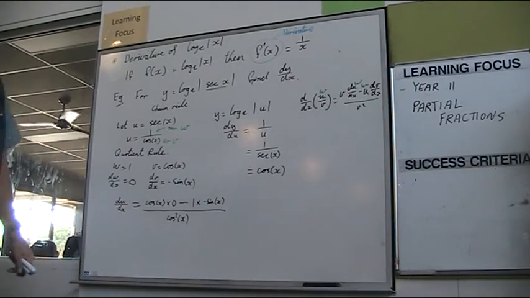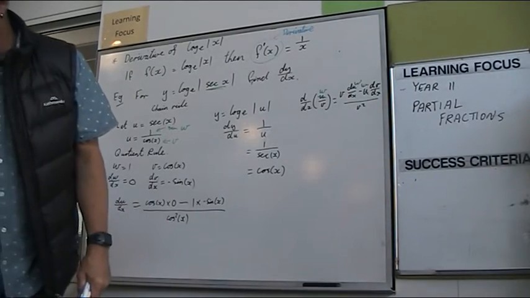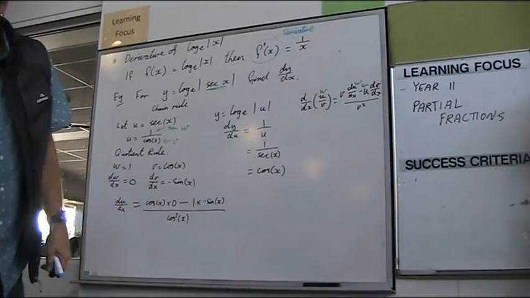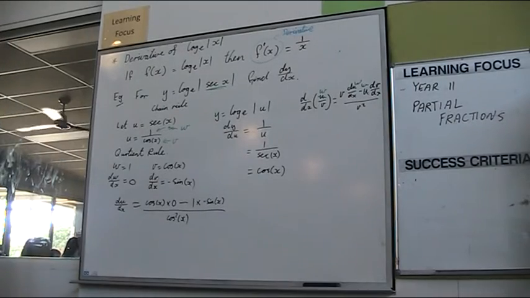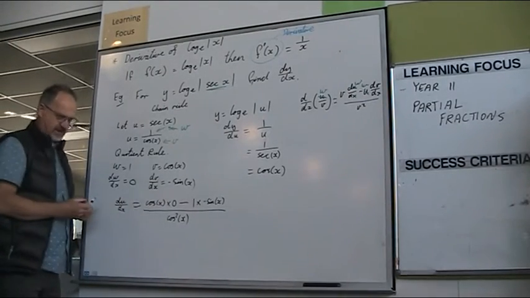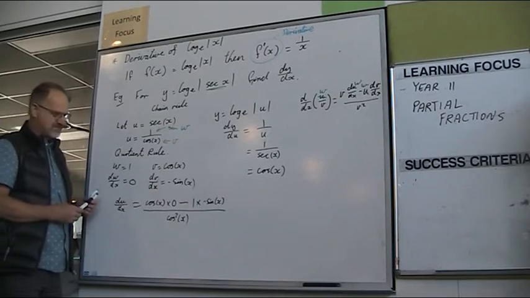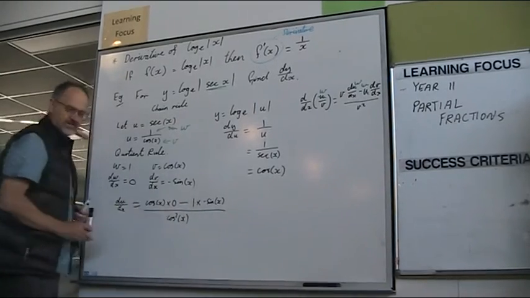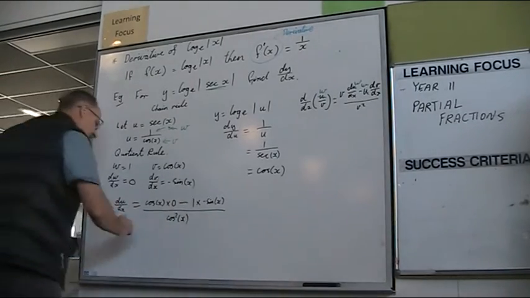Which becomes, all right, cos x times 0 is 0. Negative 1 times negative sine is sine.